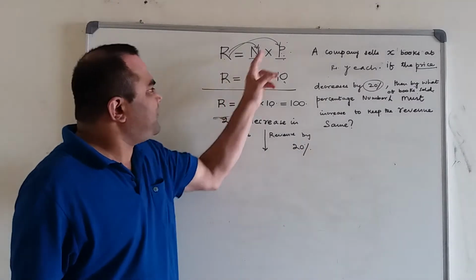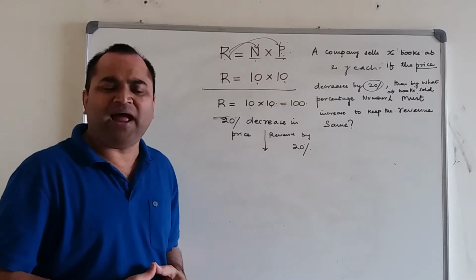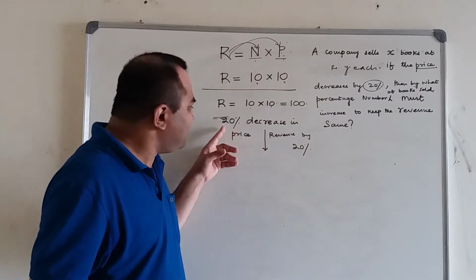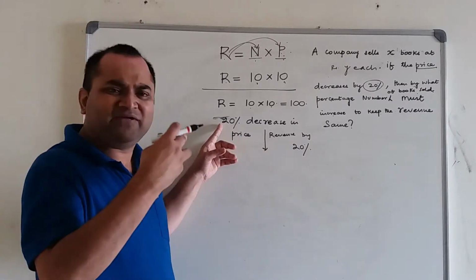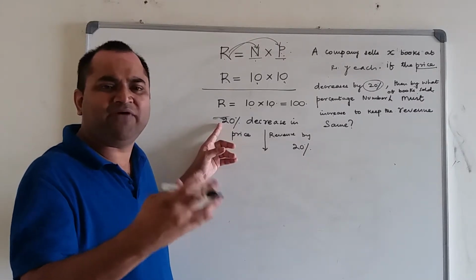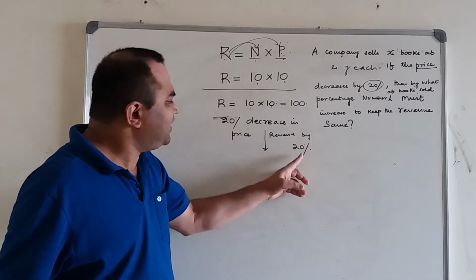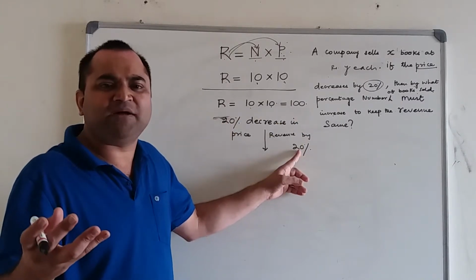Revenue is directly dependent on both factors, number and price. So if price falls by 20%, that will have a direct impact on revenue also. Therefore, revenue also will fall by 20%.